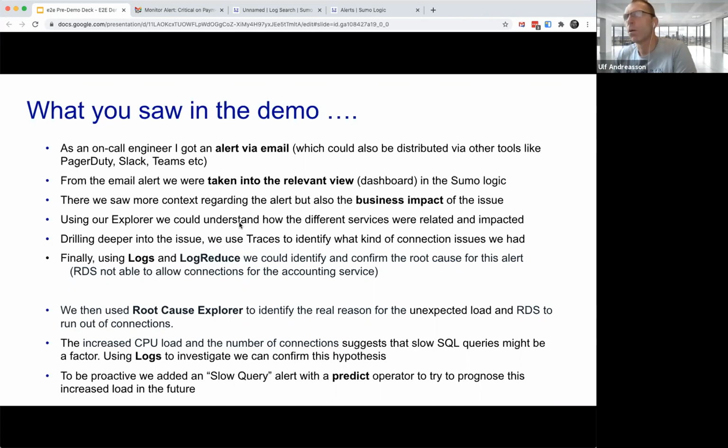We confirmed what we thought was a root cause, but then using the root cause explorer, we could see that the real root cause of running out of connections was that the CPU load and the associated disk usage made RDS run out of connections. So from that aspect, setting up a new alert with the predict operator, we could prognosticate what's going to happen in the future, and therefore next time we're going to be more prepared for that.